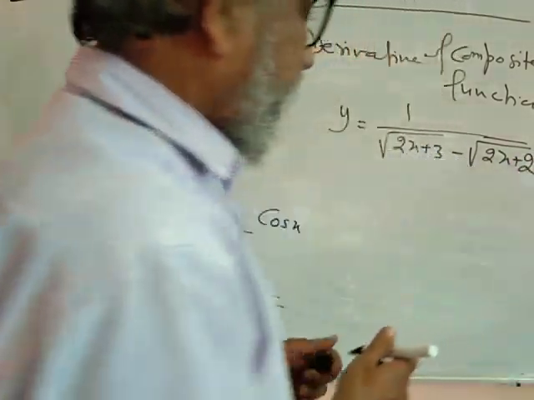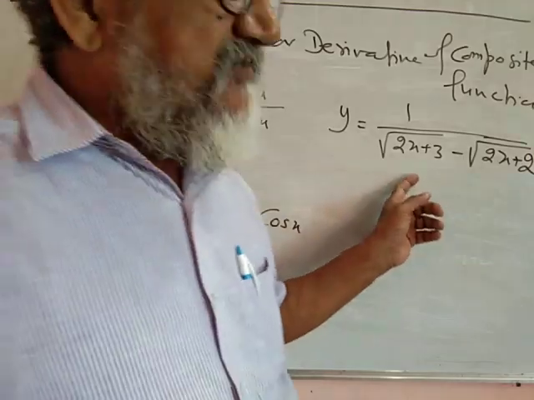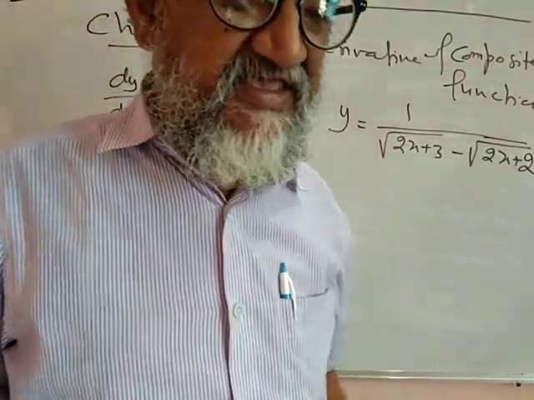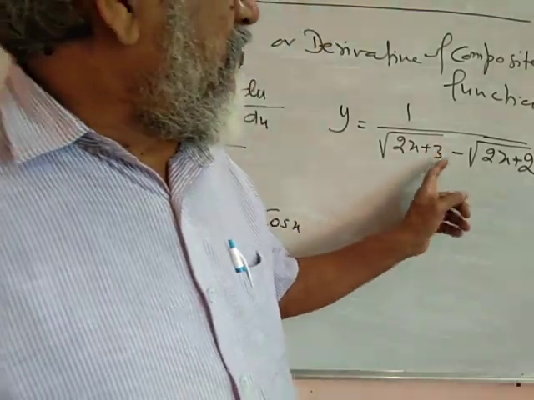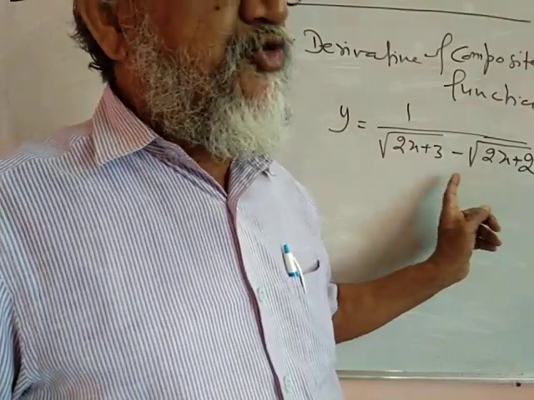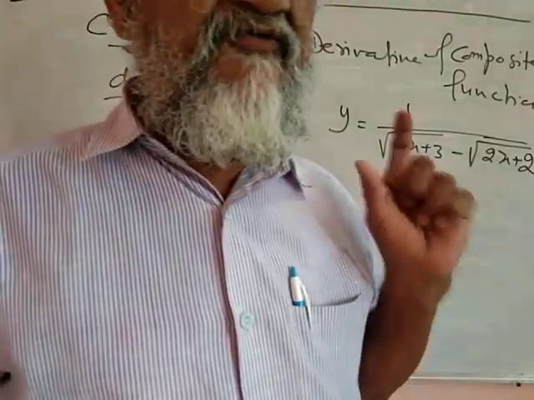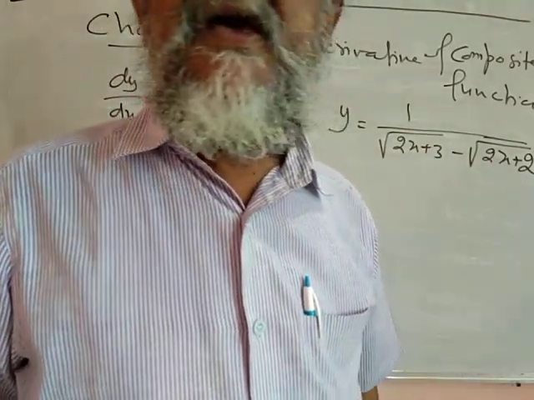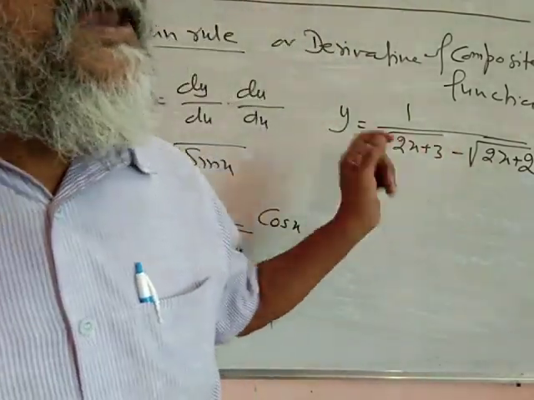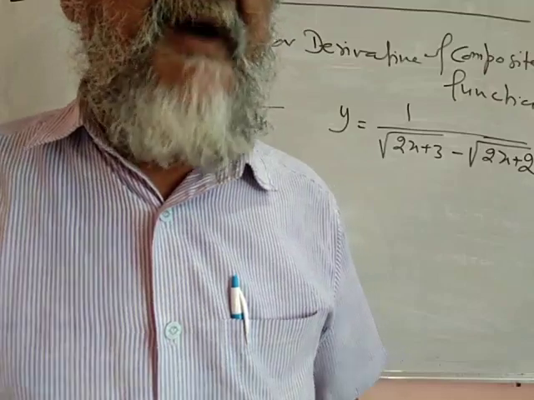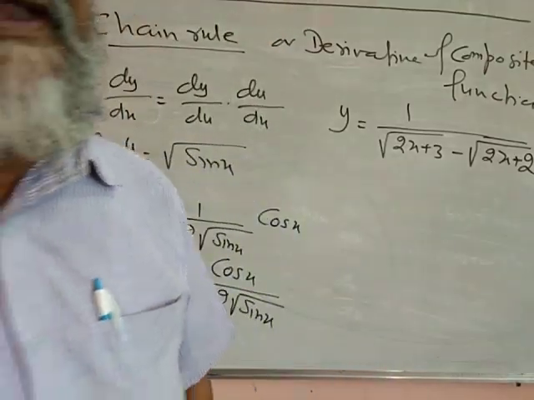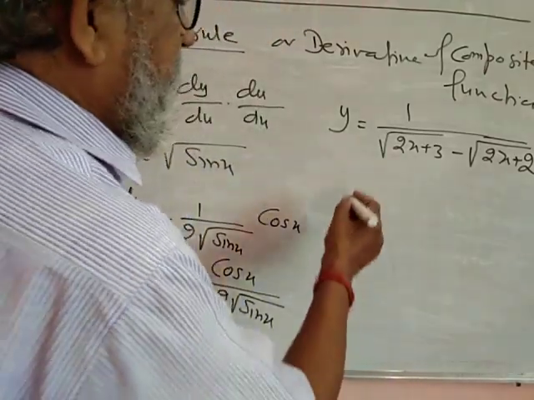Now remember one thing. If the denominator contains roots with a plus or minus sign between the two roots, then before differentiating, you have to rationalize the denominator by multiplying and dividing by its conjugate.